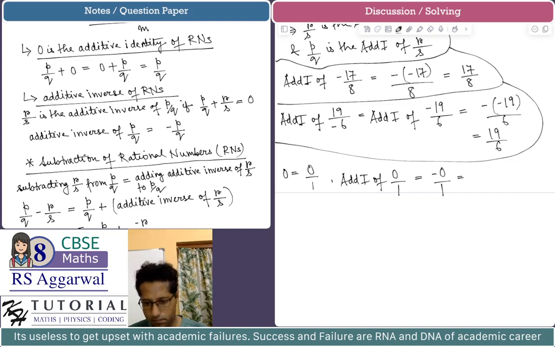There is nothing called minus 0 or plus 0, 0 is 0. So this is equal to 0 by 1, which is equal to 0. So 0 is the only number which is equal to its additive inverse.